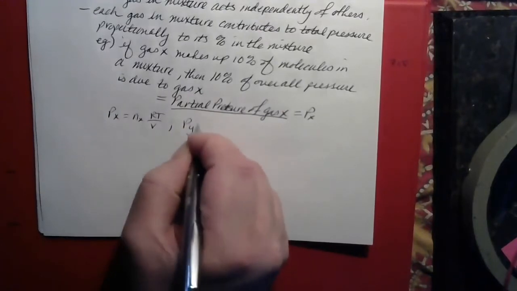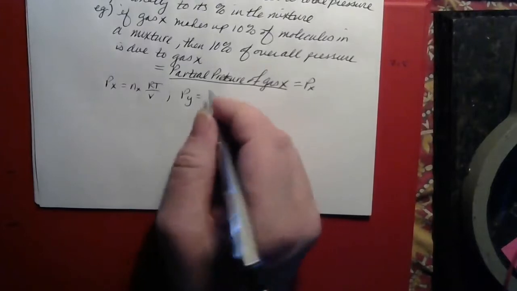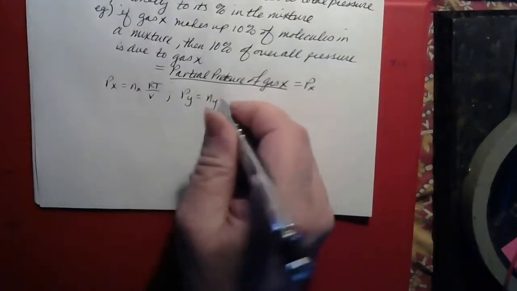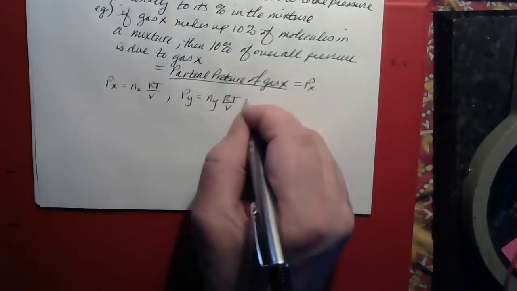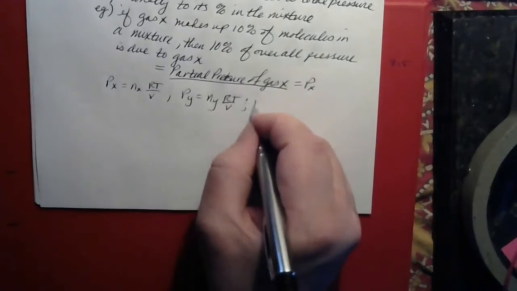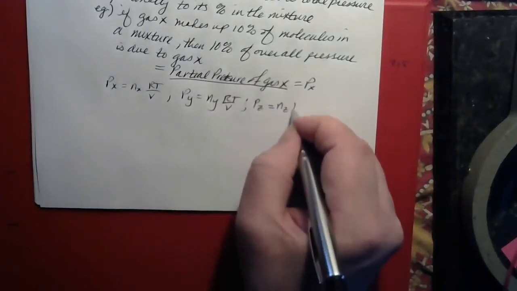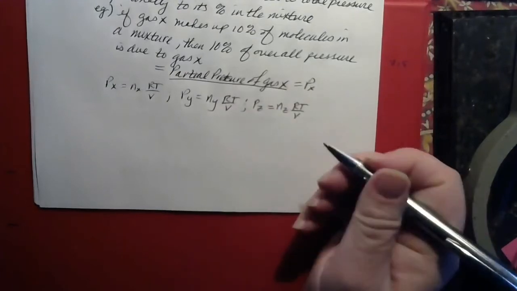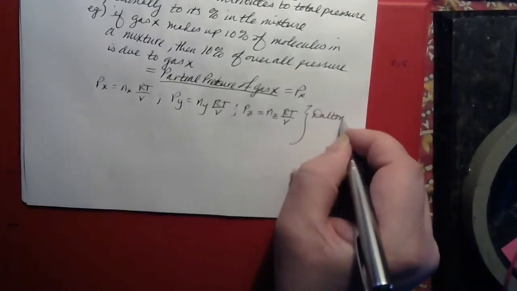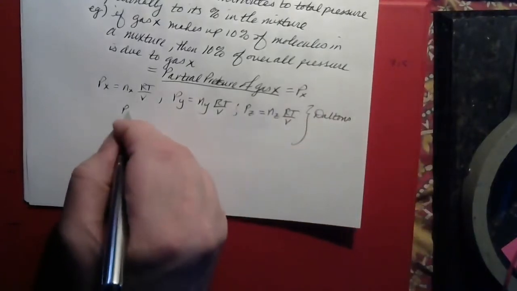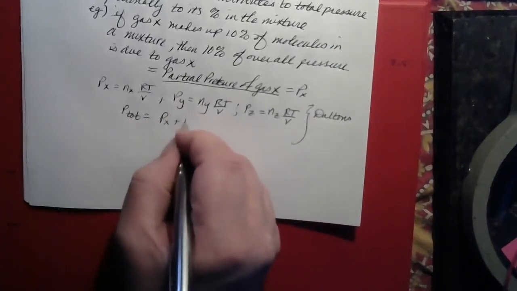If you have a mixture with more than one gas, then the partial pressure of gas Y would be equal to the number of moles of Y times RT over V. And the partial pressure of gas Z would be equal to the number of moles of gas Z times RT over V. And the total pressure would be just the total of all of the partial pressures.